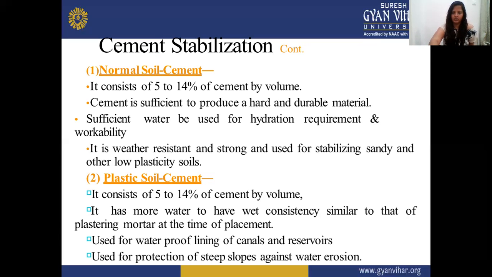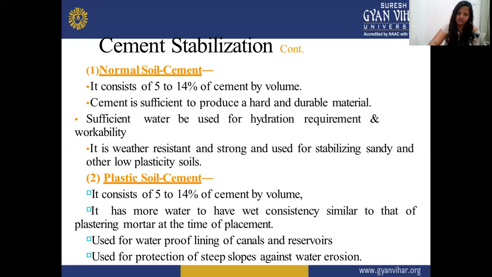It has more water to have a wet consistency similar to that of plastering mortar at the time of placement. So with plastic soil, you need to have a wet consistency, with high workability or fluidity, used for waterproofing linings of canals and reservoirs.